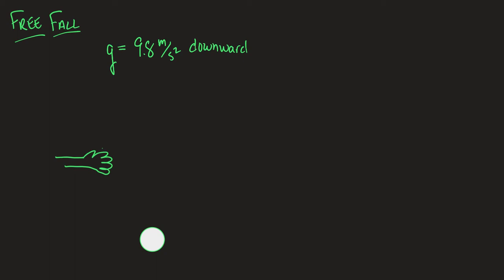Every piece of that sentence is important, so I'll say it all again. The acceleration of gravity near the surface of the Earth is 9.8 meters per second squared downwards for all objects regardless of their mass.